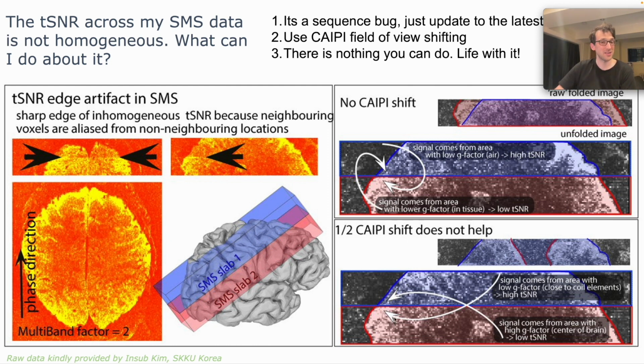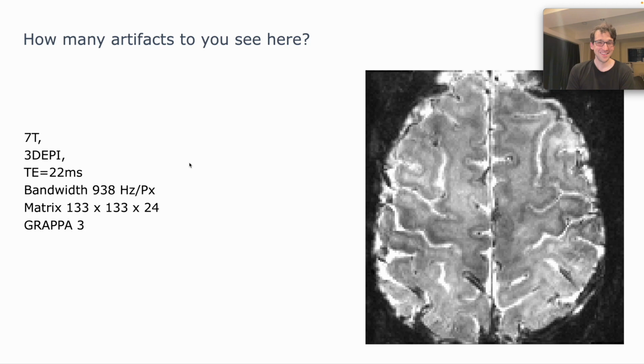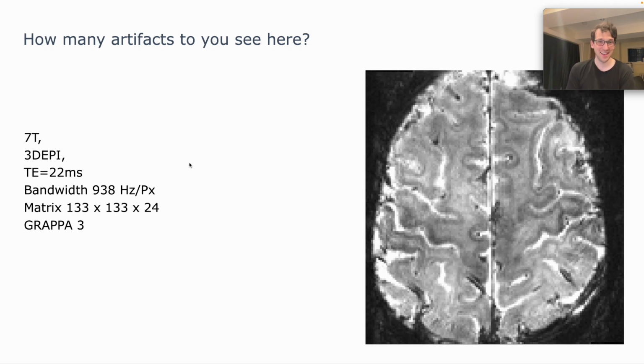So the G-factor penalty is still lower. So no matter what we do, just because of the physics of the SMS approach, we do not expect the TSNR to be homogeneous. We just don't see it very often in conventional fMRI because there we are more physiological noise dominated. Here we are thermal noise dominated, so we see this more clearly. This is normal.